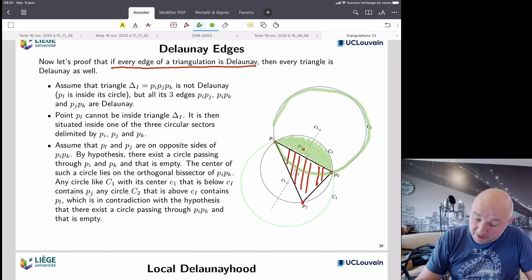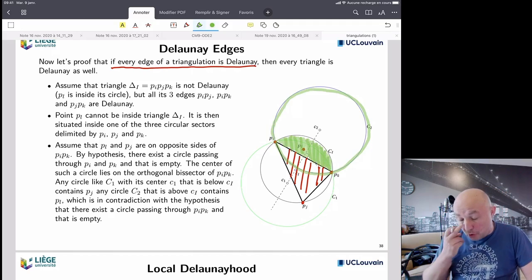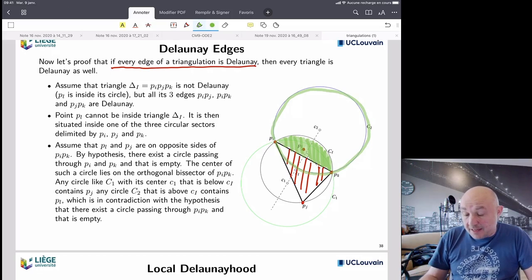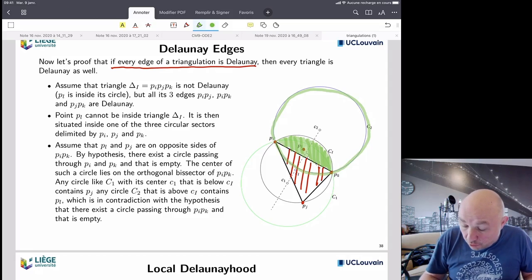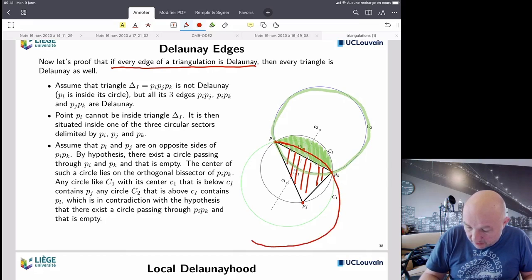But this circle, as we said, contains this whole section of the disk, which means that it cannot be on that side because it's supposed to be empty, but this side contains point PL. But of course, we could draw a circle on the other side, a circle here on the other side that is not containing PL.